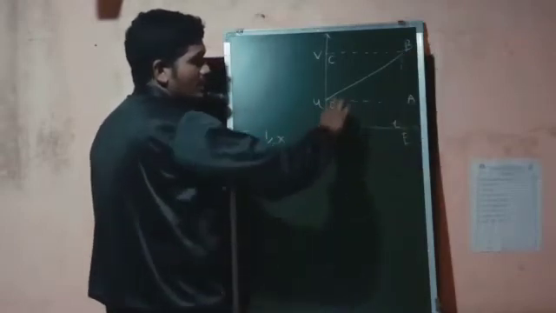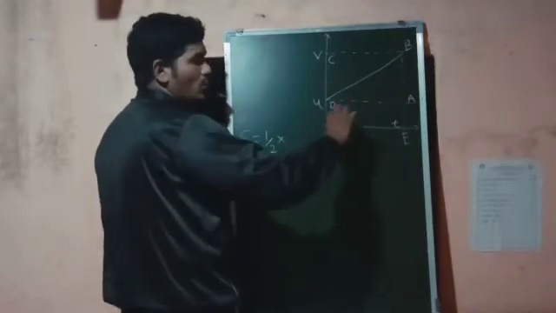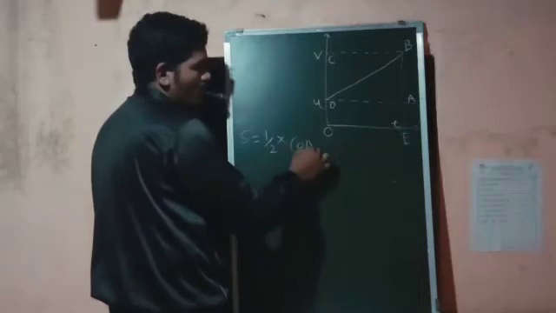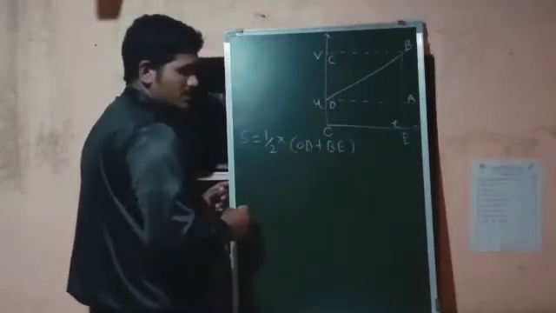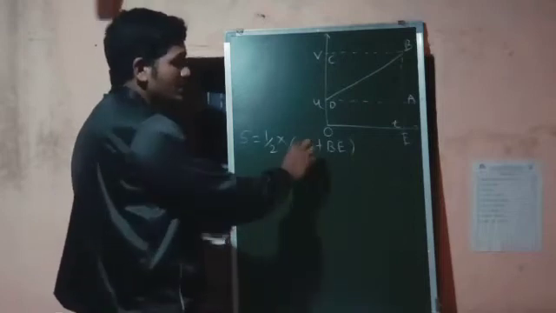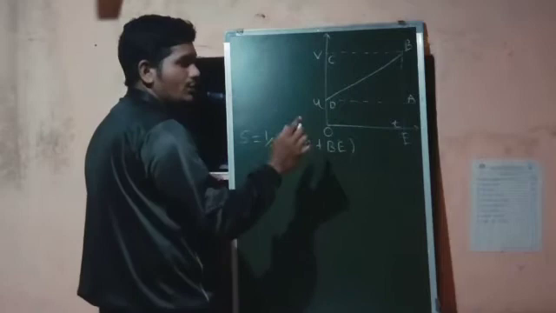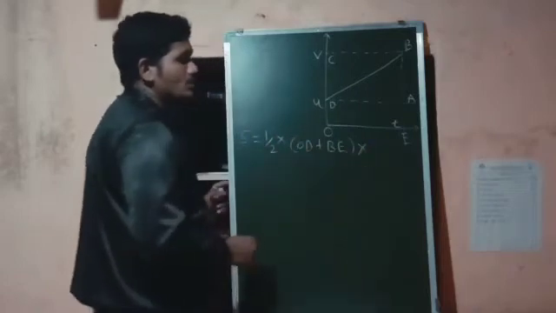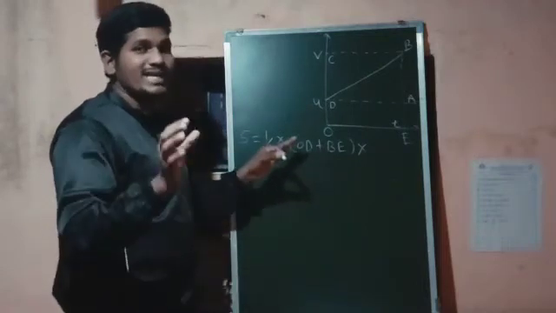You can see this OD is parallel to BE, so there will be the sum of these two sides. I will write OD plus BE. These are the parallel sides, and their summation is there in the formula.